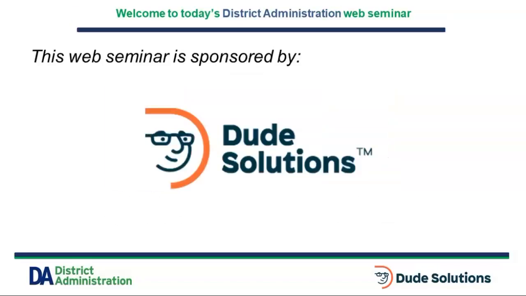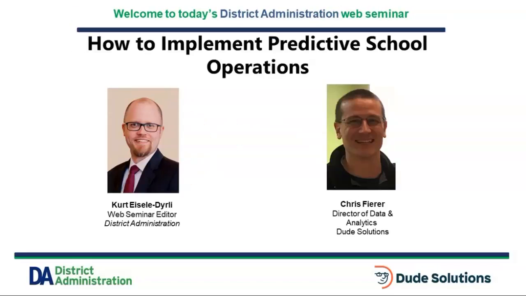First off, as members of our audience are still coming in, a bit of background about our topic for today. Many school administrators don't have adequate insight and access into the crucial data needed to make the most informed decisions about their facilities' operations. As a result, most districts operate reactively, which is inefficient and expensive.